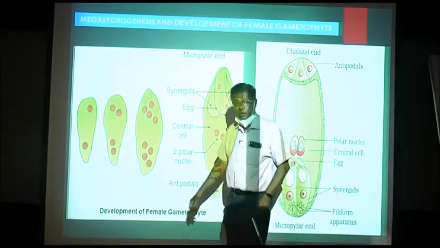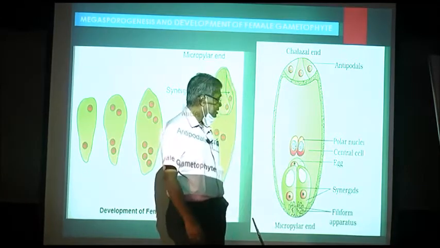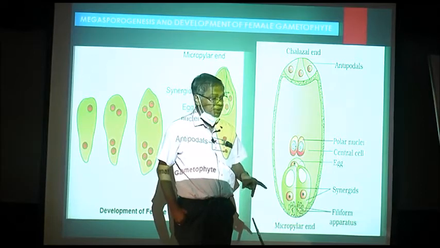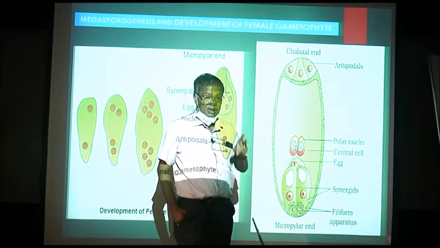Now, if you recall, you have 2 male nuclei in the pollen tube. How many nuclei are there in the pollen tube? 3.